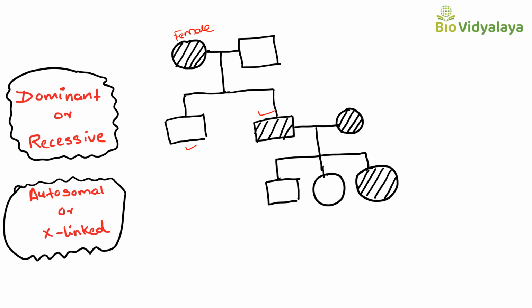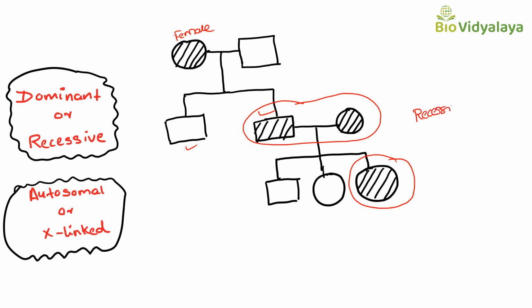Next is we have to check whether it is dominant or recessive. Here you can see that both the parents are affected. But here only one kid is affected. One daughter is affected. Isn't it? So we can say that it is not recessive. Why?